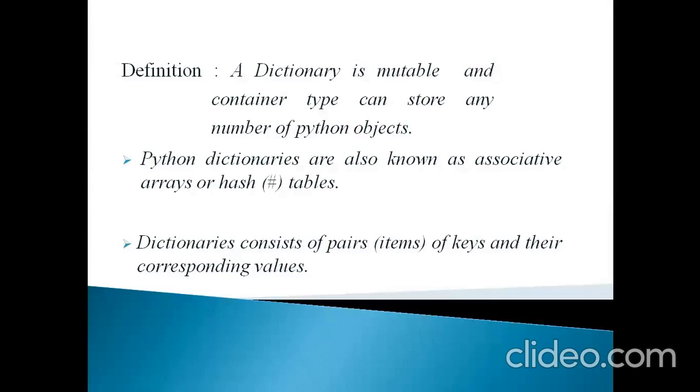A dictionary is a mutable container and can store any number of Python objects. This Python dictionary is also known as associative arrays or hash tables. The important point in the dictionary is that it consists of pairs of items. This pair is the key as well as the corresponding value.